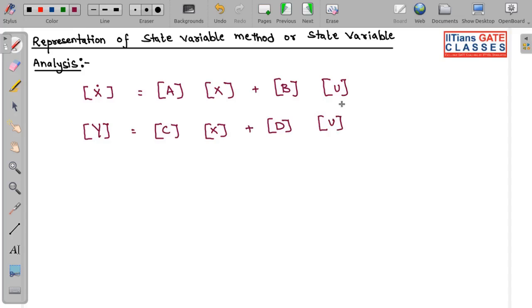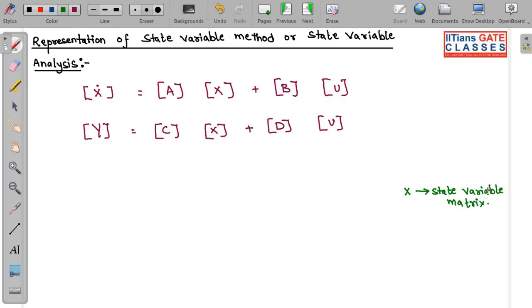Now over here, this X matrix is known as the state variable matrix, or you can even call it the state variable vector.